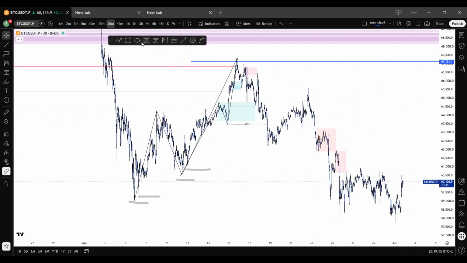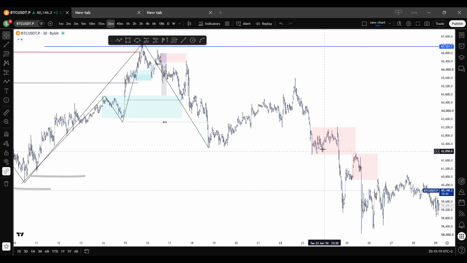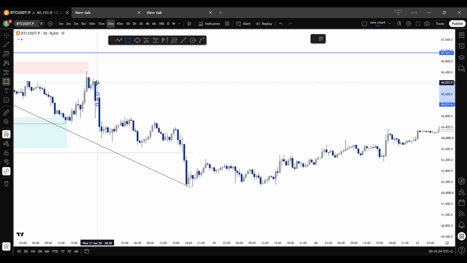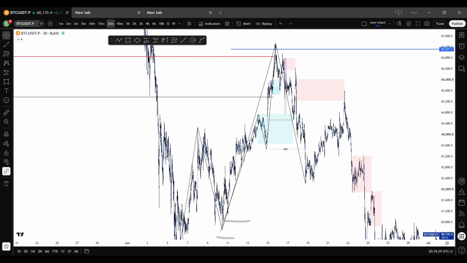So after getting this pre-structure break, price has just been grinding higher, and we actually had this supply that I was looking at. Yeah, wait, I actually got this on my X. I don't want to be the hindsight trader around here, but let me just open it.